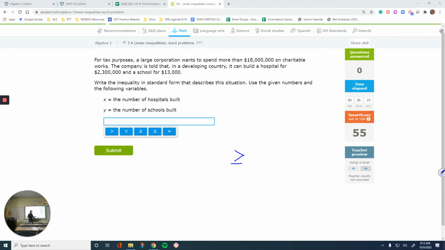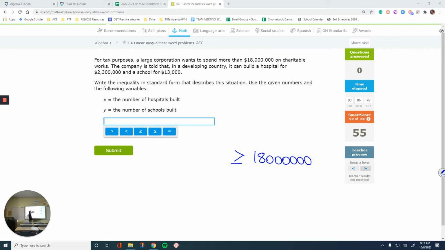Let me do something wrong first. This means it is not less than 18 million. What I put means it is not less than 18 million, because if it is not less than that, it could be equal to it. It could be more than that.